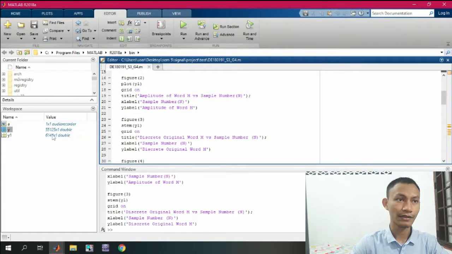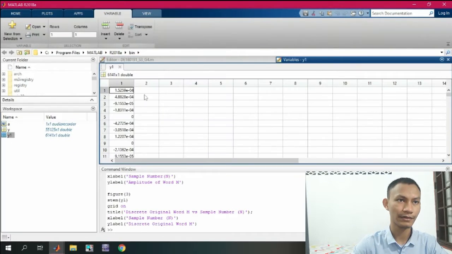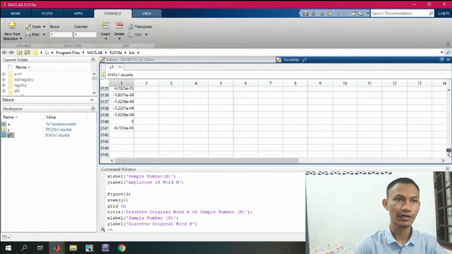And the number of samples of word M is 6,141. We can see all the samples until 6,141.